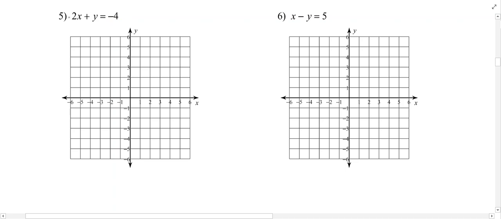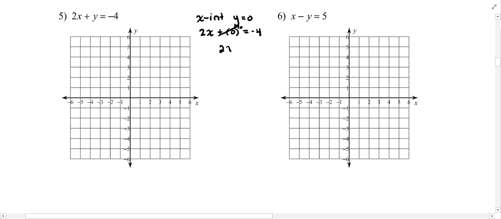And once again, we want to find the x-intercept and the y-intercept. When you're looking for the x-intercept, y equals 0. And then you substitute in. So you have 2x plus 0 equals negative 4. Plus 0 is basically just 0.